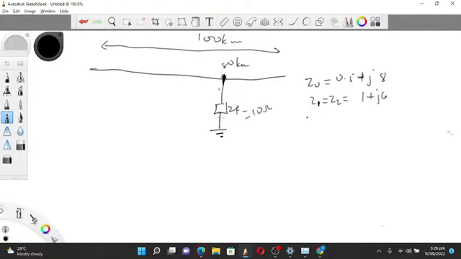So the impedance of the line they give as components. For ZL0 it is 10 plus J88. For ZL1, because ZL2 equals it, 1.8 plus J31 ohms. Okay, so this is what we have.